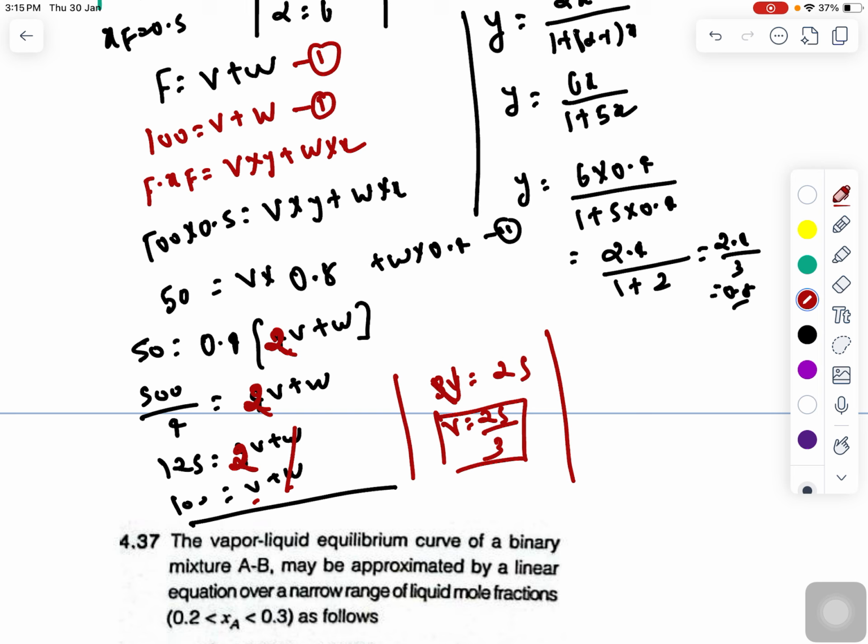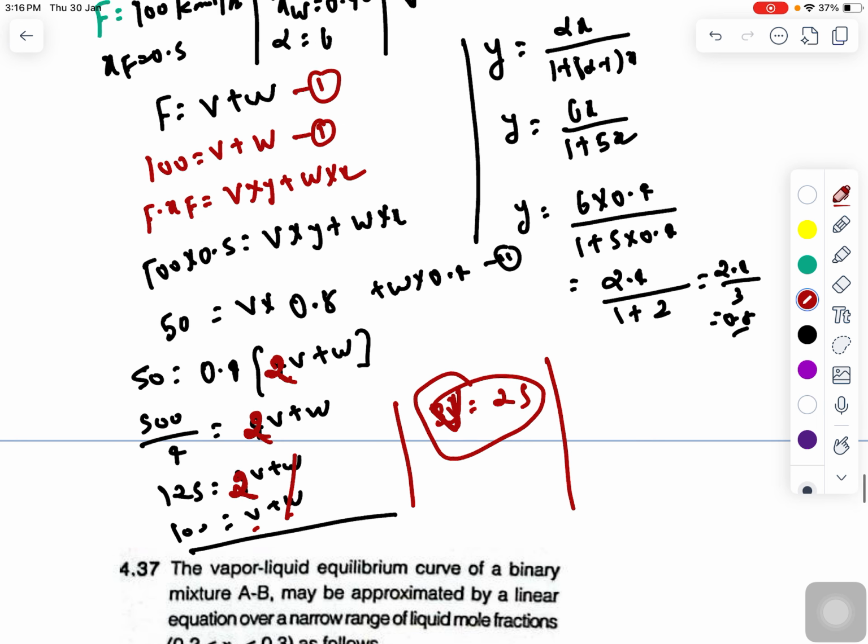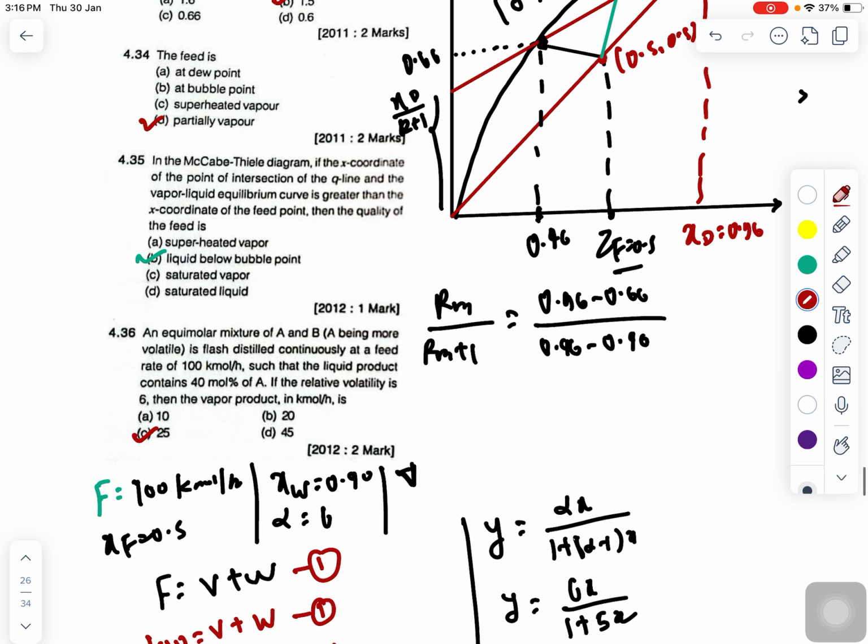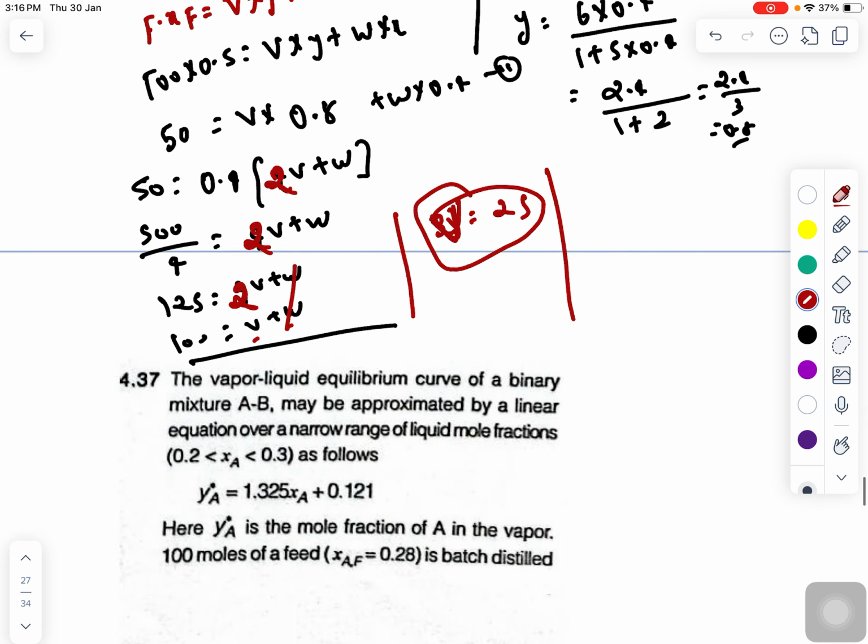So V equals 25 only. So the value of vapor flow rate here is 25. That is the correct answer. Okay, that ends this question.